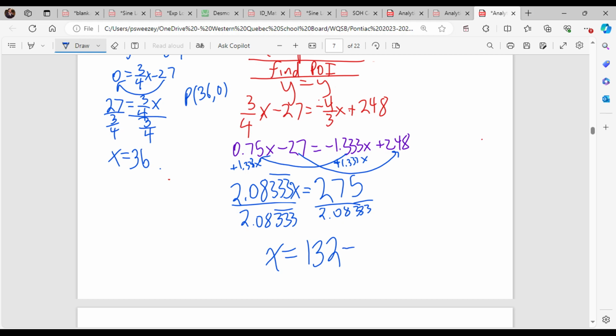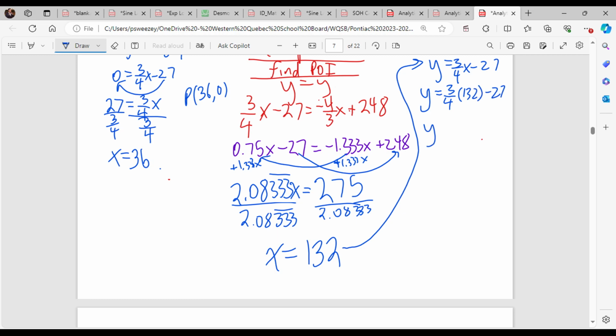But once I get the 132, you may have forgotten, but I still have the rule, right? Now that I have x is 132, I can easily find the y because we can just plug in x is 132 and solve for it.